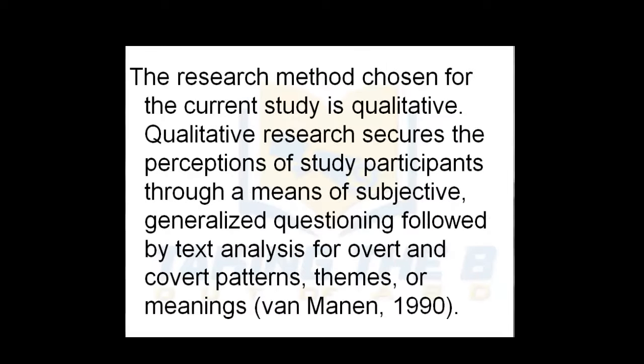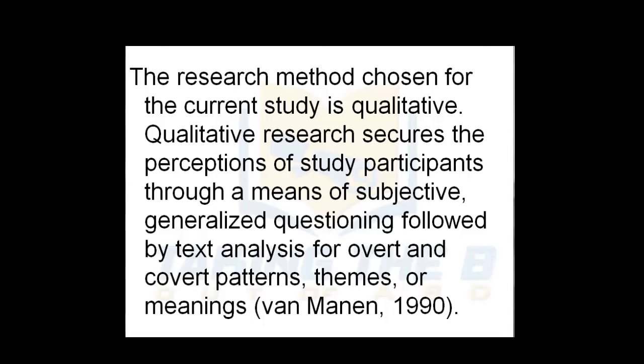Here, she starts out the nature of the study section with, literally, the research method chosen for the current study is qualitative. There's nothing wrong with being expressively succinct and exact as you start out the paragraph, much like you did in the problem statement, where you start out a paragraph with the general problem is, and the specific problem is for the second paragraph.